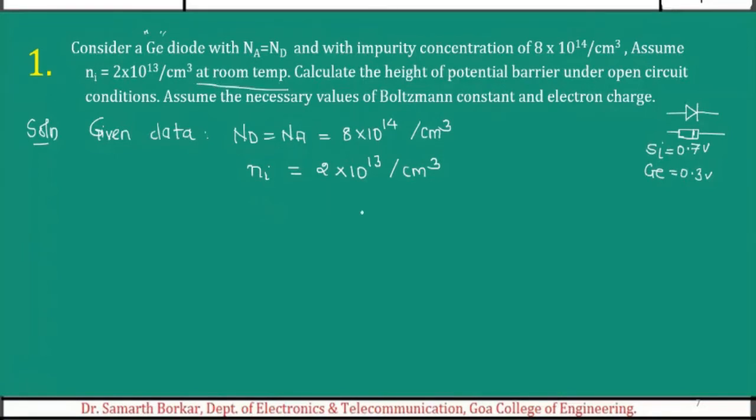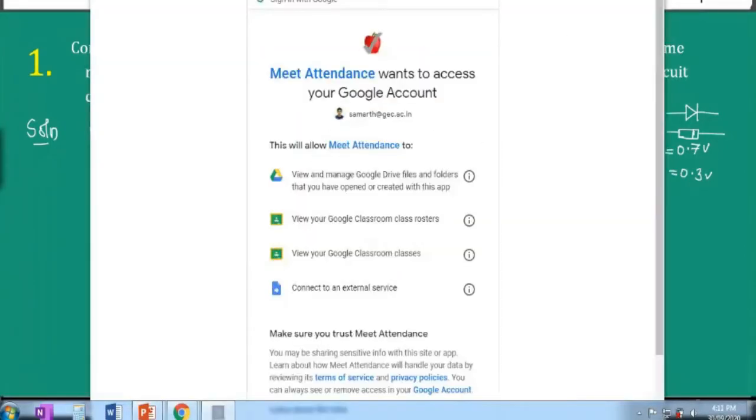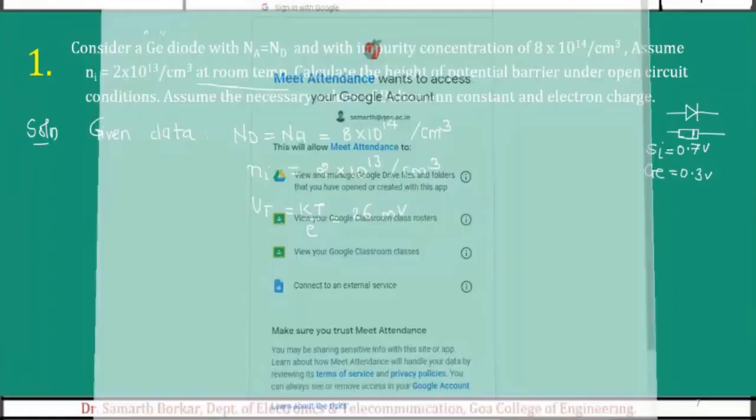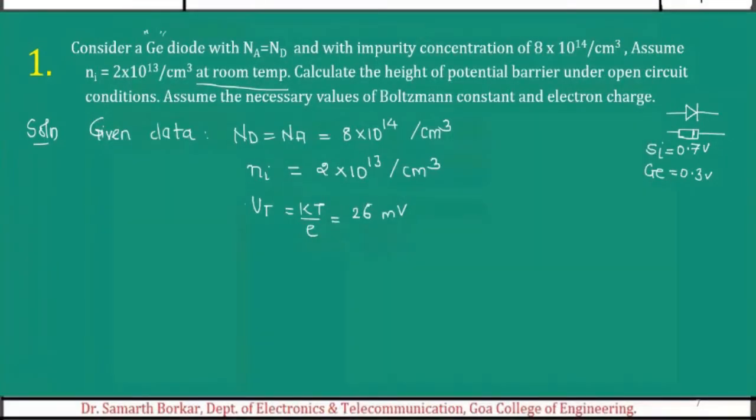At room temperature, the value of Vt, that is KT by E, is 26 millivolts.